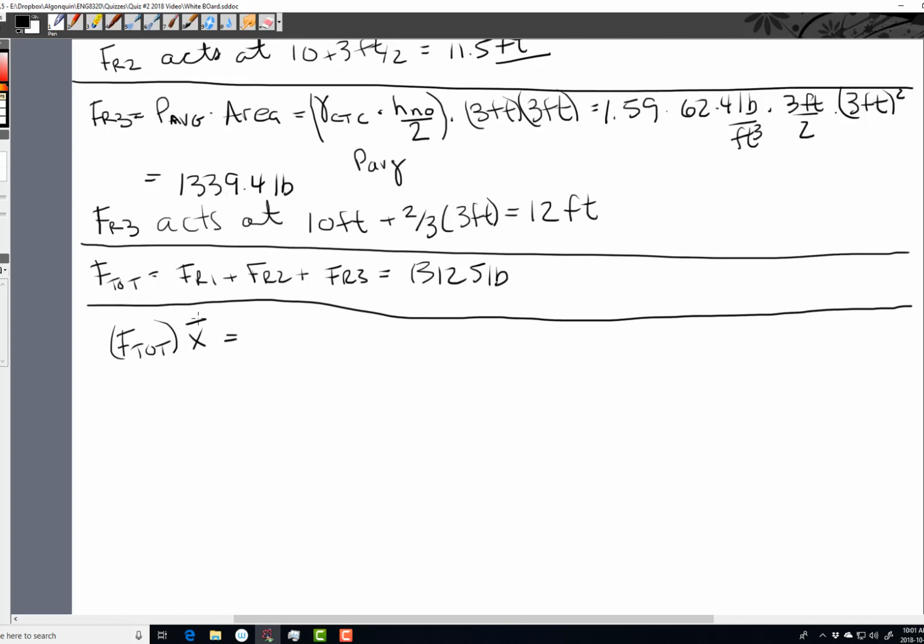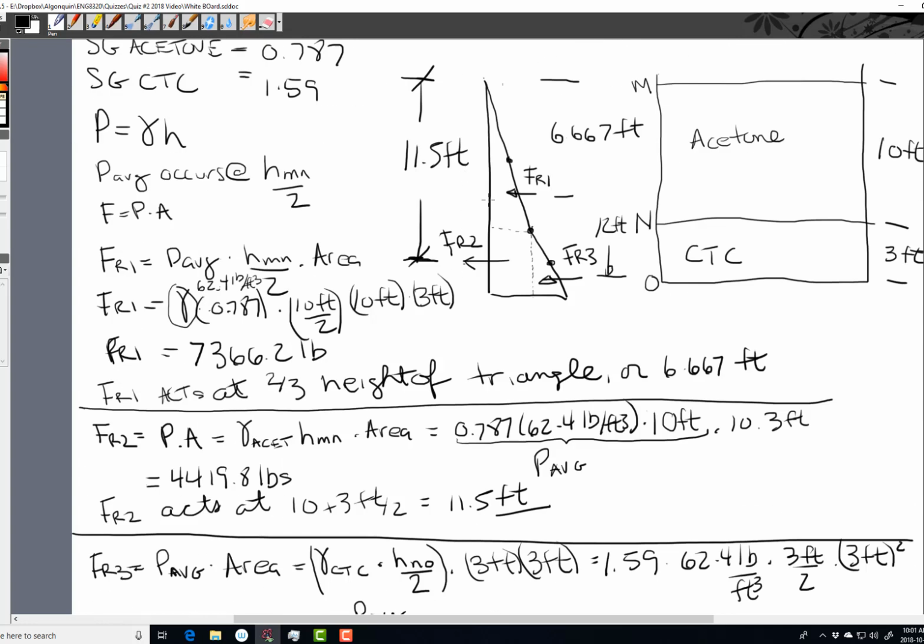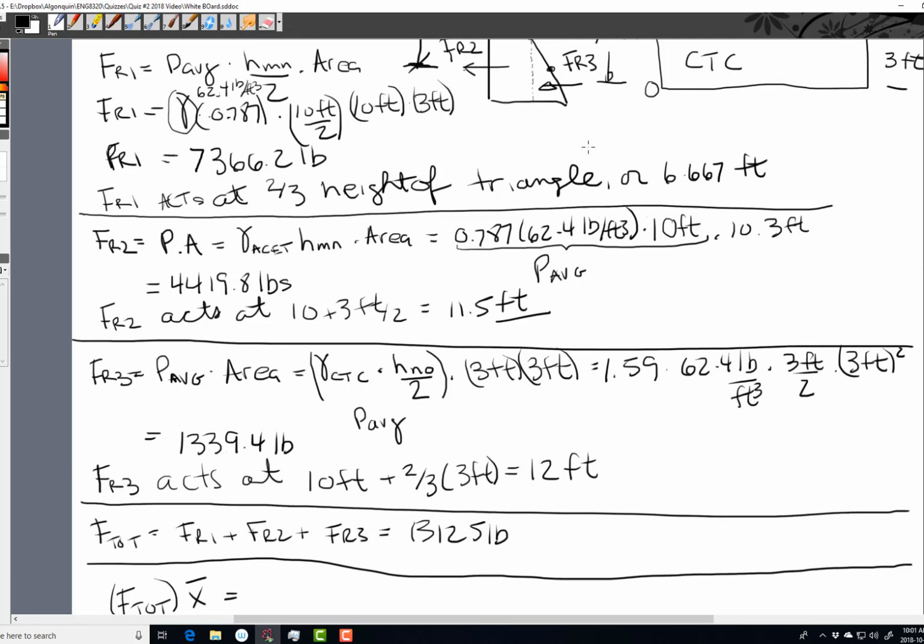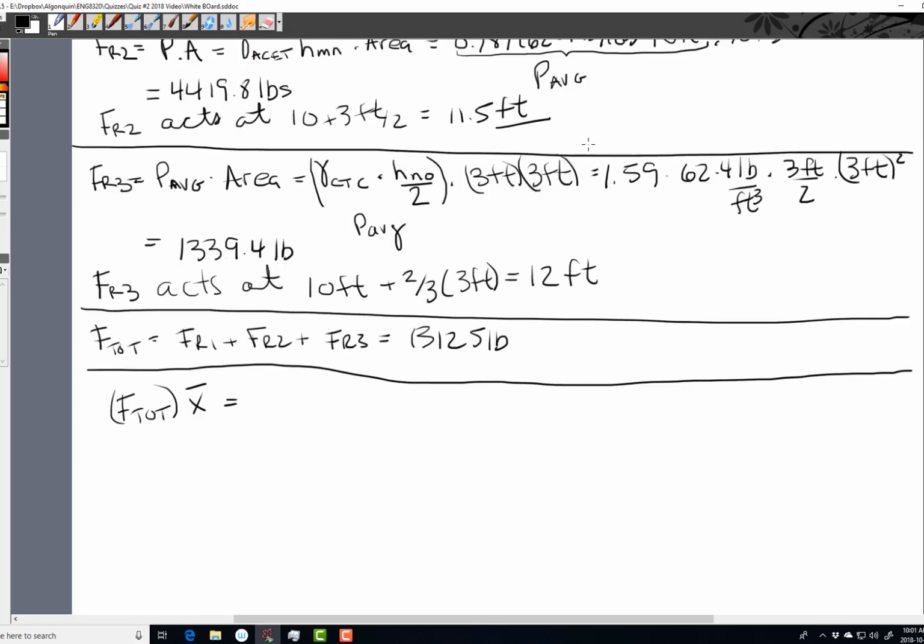We need to find the location where this F total acts by looking at the sum of all the tiny forces times their distance. So this is FR1 x1 plus FR2 x2 plus FR3 x3.